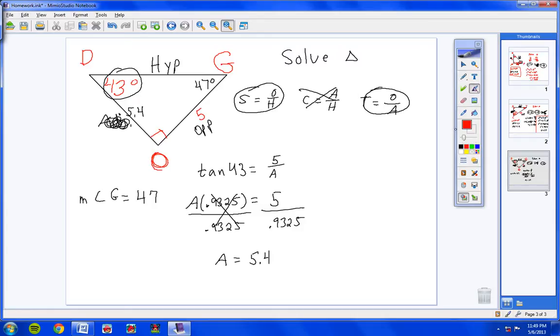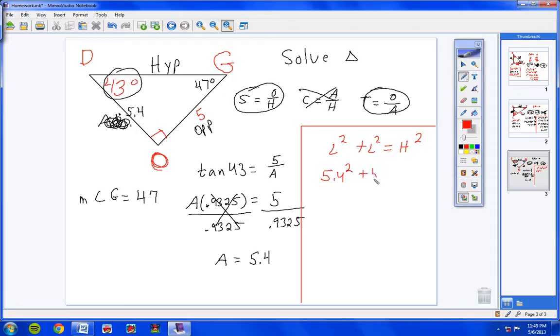Now, there is no reason at all for us to ignore the Pythagorean theorem. It's so easy to use. And so here we go. We know two sides, do we not? We know this side and this side. So if you know two sides, let's use the Pythagorean theorem. Leg squared plus leg squared equals hypotenuse squared. One leg is 5.4 squared.